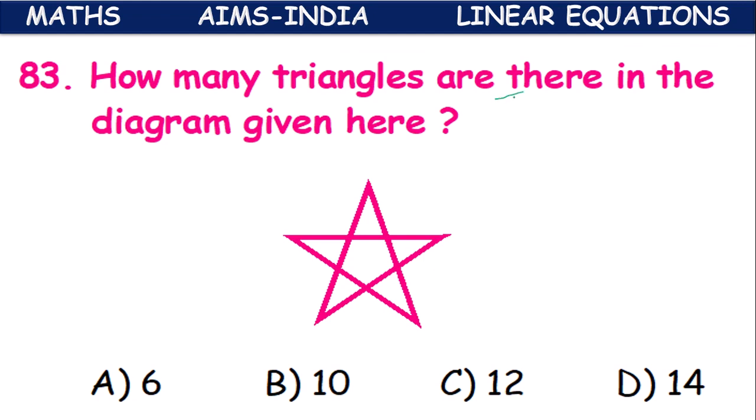So how many triangles are there in the diagram given here? 1, 2, 3, 4, 5. In the middle we have 6 triangles.